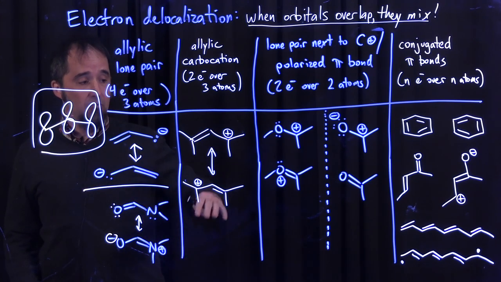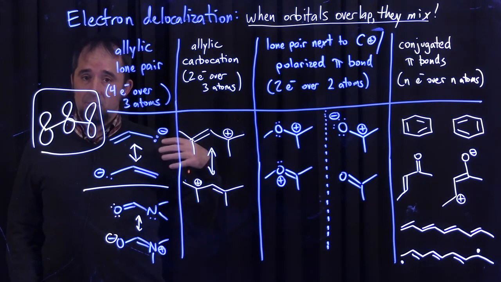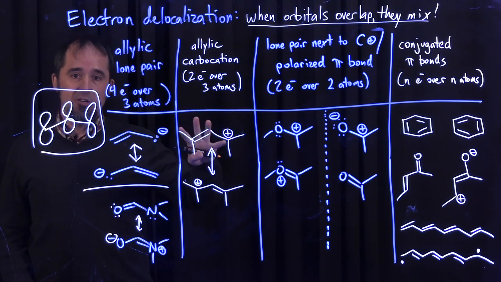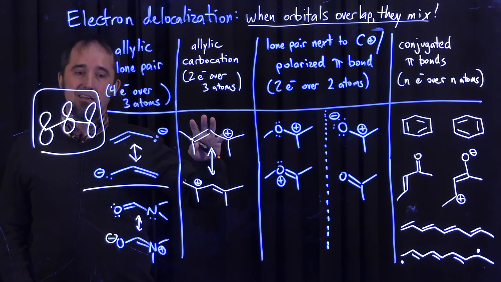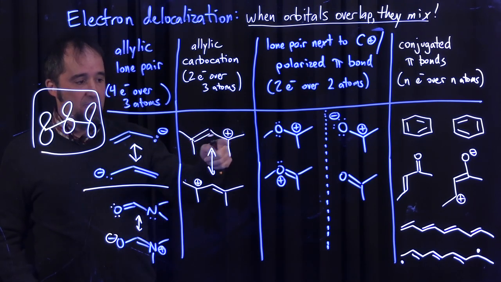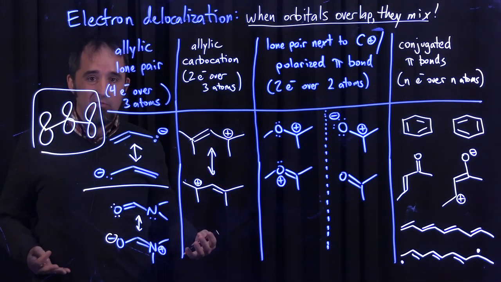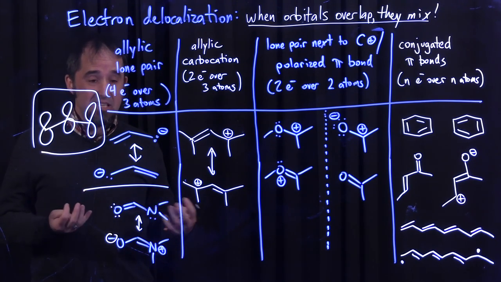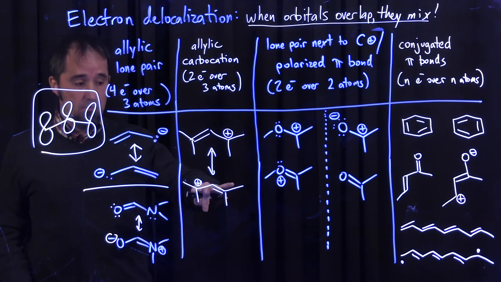It's not jumping back and forth. Again, why is this important? It's important because if I asked you, where's the positive charge in this ion, if you just looked at this picture, you'd say it's there. But that's not really accurate or helpful. The right answer is that positive charge is primarily spread out over 2 atoms, in this case equally.